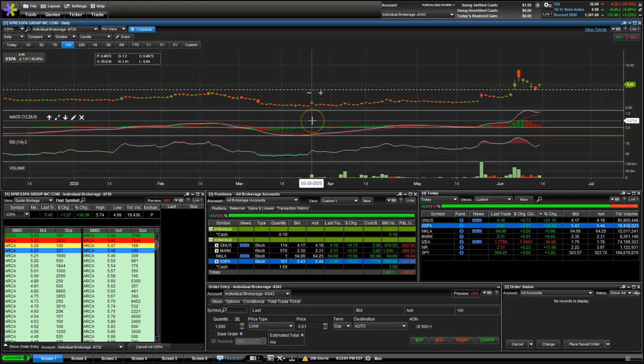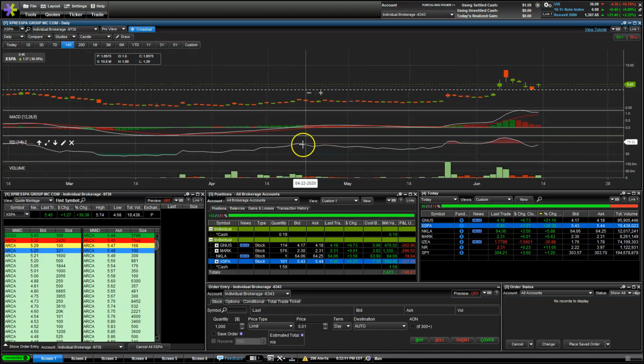All right, so this day, March 25th and March 26th, they dropped that offering. Right before that, you see a couple of days full of oversold.